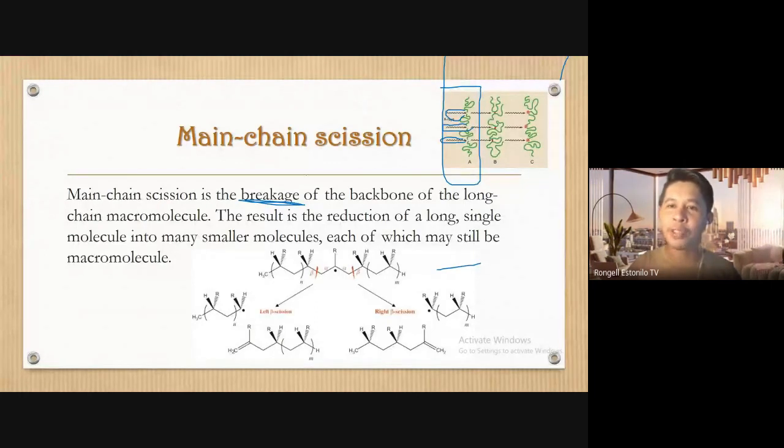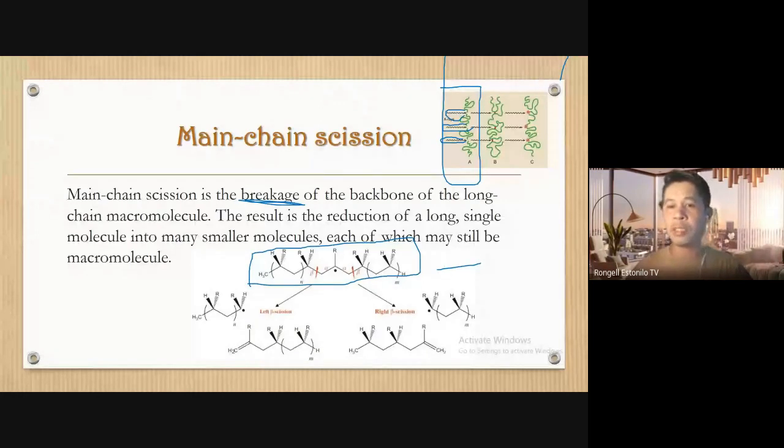So the result is the reduction of a long single molecule into many smaller molecules, each of which may still be a macromolecule. Like I said earlier, let's take for example, this is protein. We know that in protein there are 22 amino acids, no?